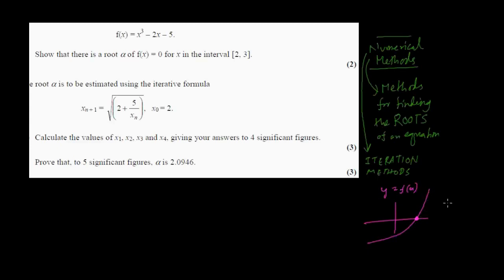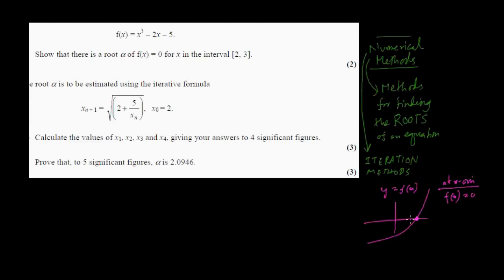So if you write f(x) equals 0 as the equation, that means at the x-axis y equals 0. So that's the equation that you have to solve, and this is where it cuts. So graphically, finding the root of an equation is actually looking at the picture and finding out where it cuts. So if they mention that show that the root lies in that interval, that is step 1.